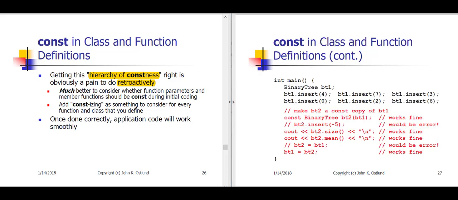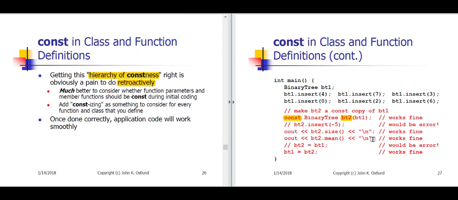If we do make all of our accessor functions for our binary tree class const, and we do percolate that constness down through the various helper functions that those accessor functions use, then our application using a binary tree const object will work very nicely. Here on slide 27, once again we've declared BT2 as a binary tree const.